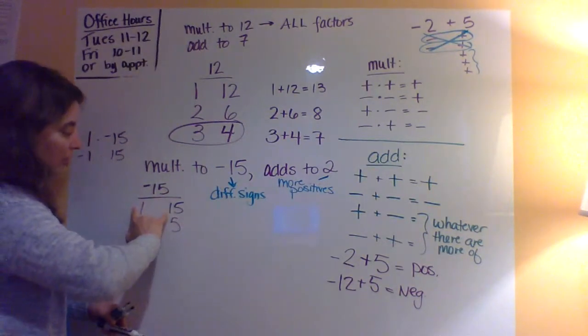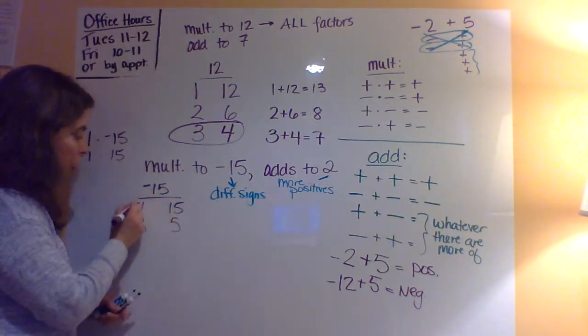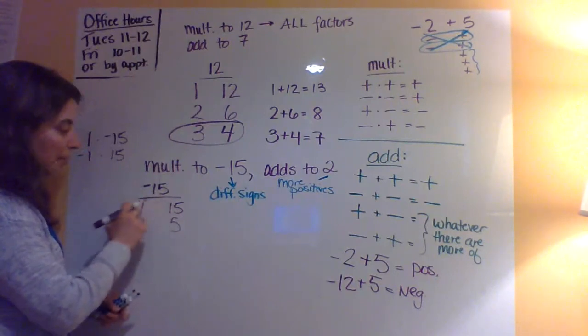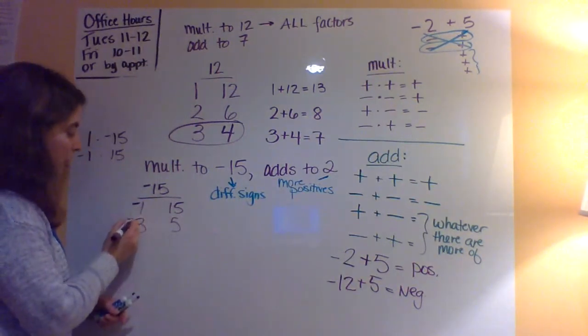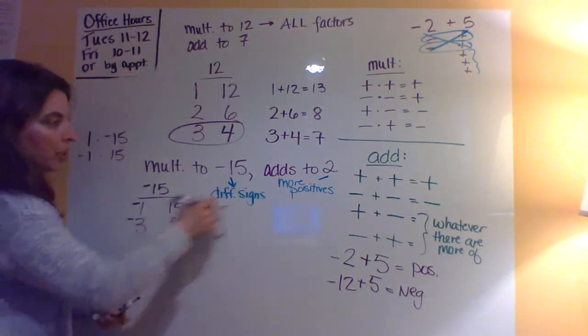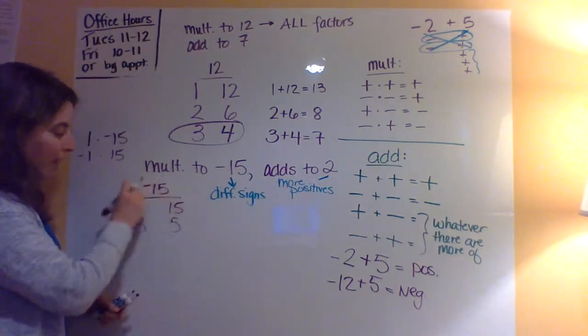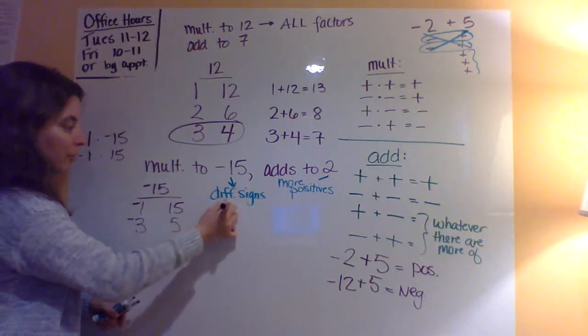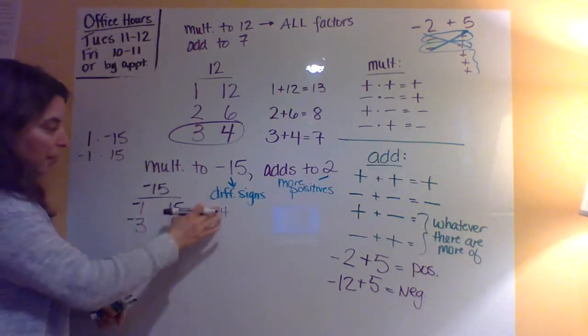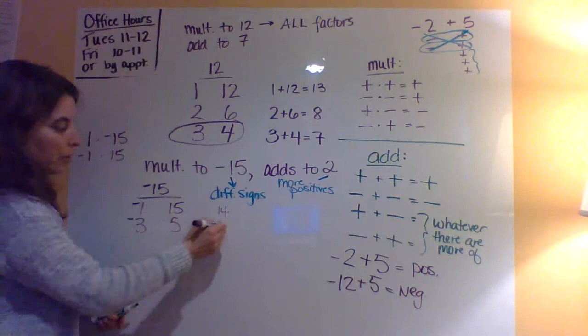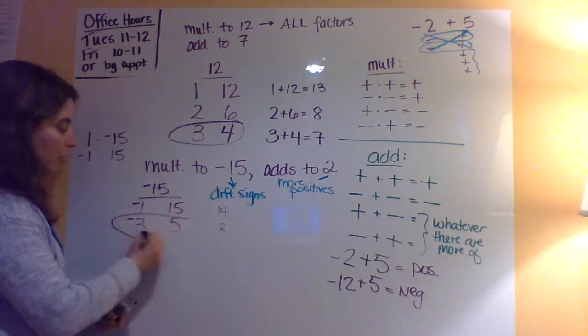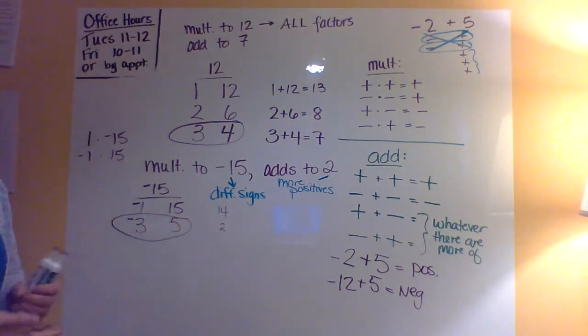So if I'm looking at these two numbers, I want the smaller one to be negative because there are more positives in this particular case. Now if I add these two, I would get -14. Positive 14. If I add these two, I'm going to get +2. So this is my pair that I want, -3 and 5.